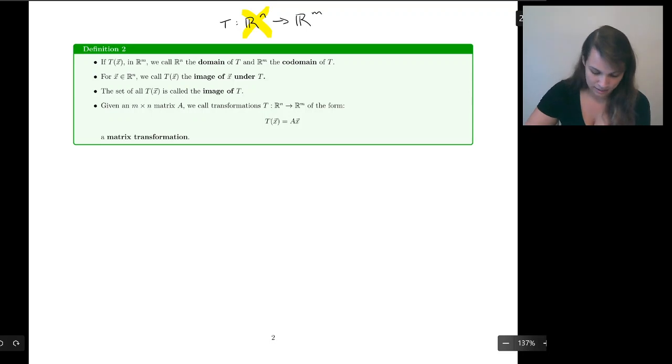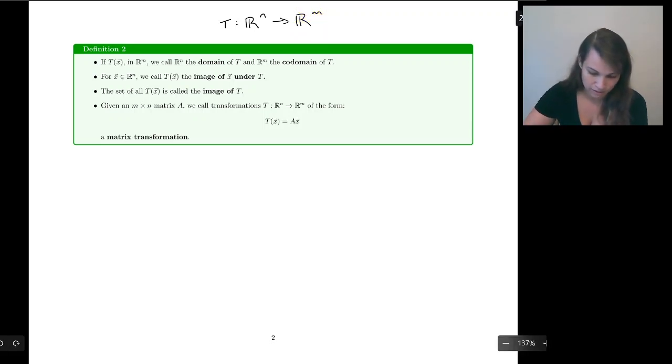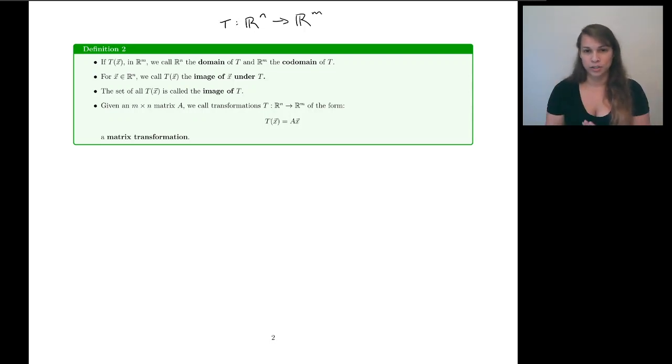And then the stuff that comes out, where things land, is going to be the codomain. If you put something into our function, the output is called the image of that vector under T. And if you take all the things that you get out of it, we call the set of all of them the image of T.